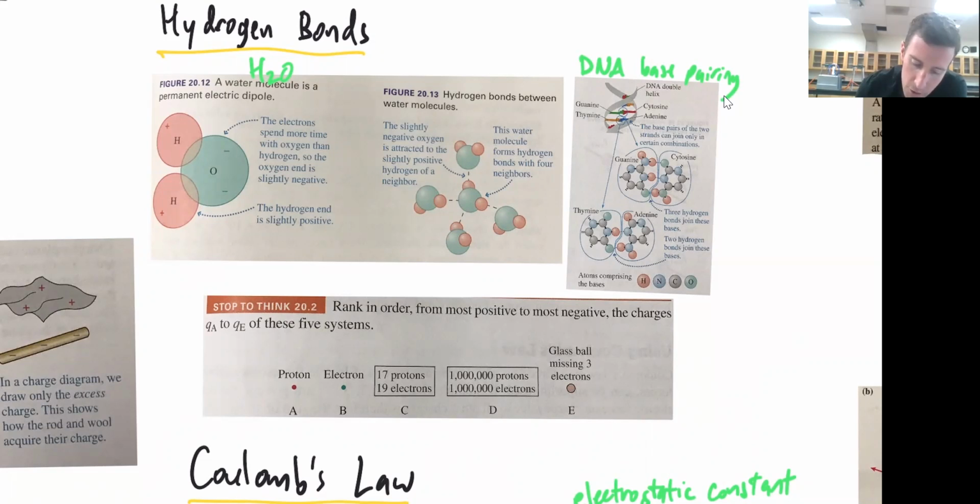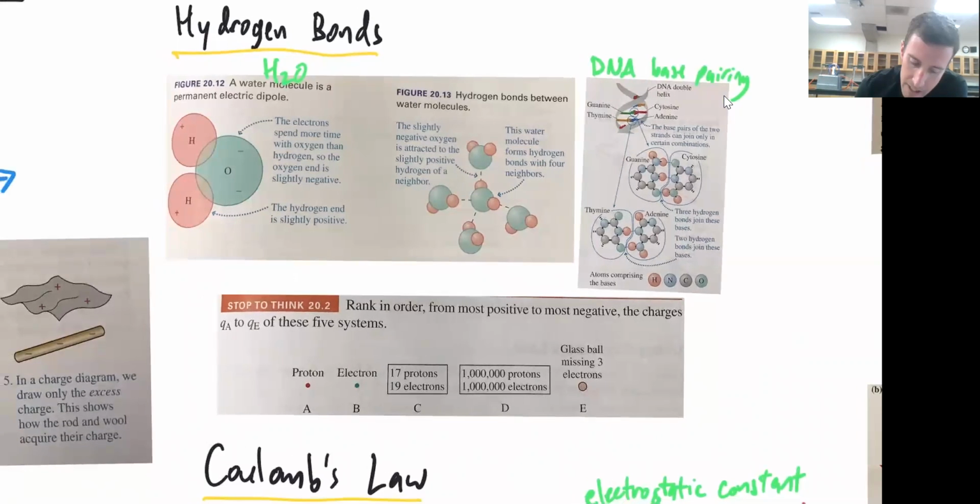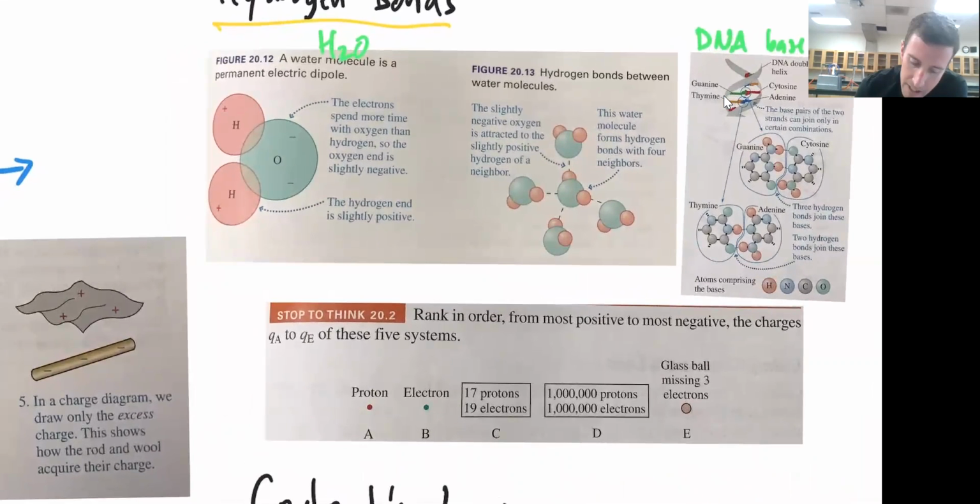In water, there are 2 hydrogen atoms and 1 oxygen atom. The electrons spend more time over on the oxygen side. The hydrogens don't have the electrons as often. So the hydrogens become slightly positively charged, right, through polarization, and the oxygen becomes negatively charged.